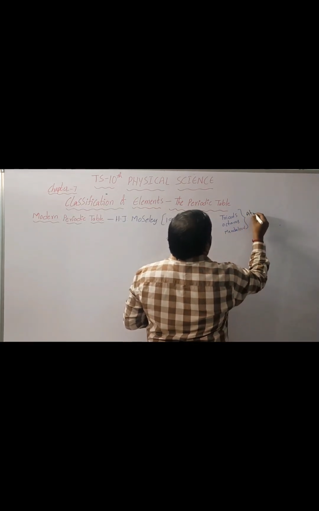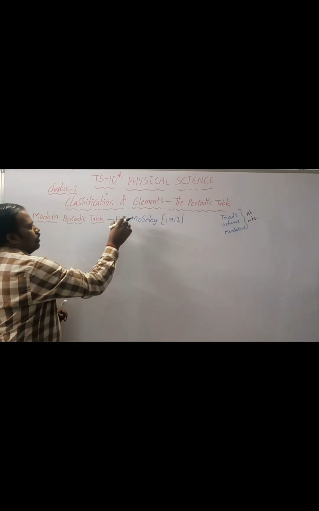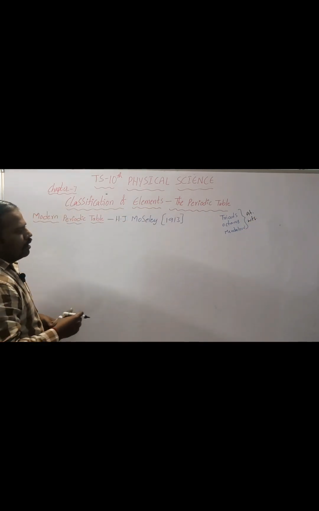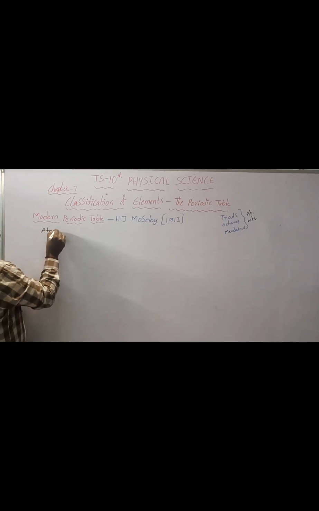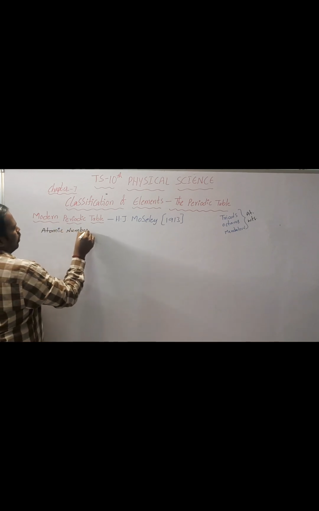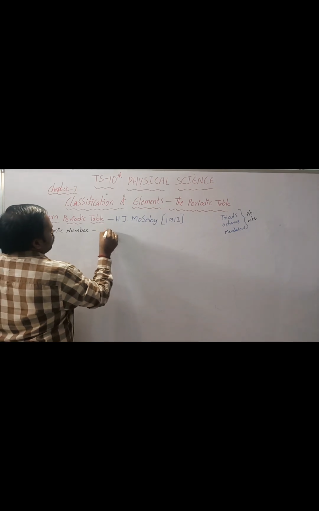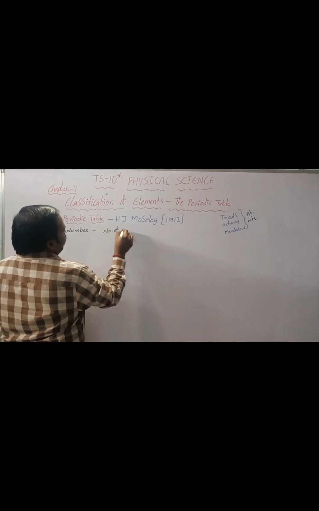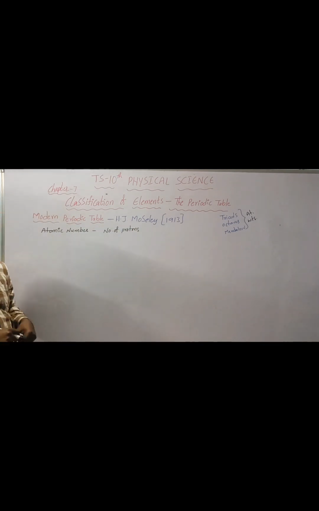But at the time when Moseley was classifying this table, the atomic number was discovered. Atomic number is the total number of protons in the nucleus. The number of protons is considered the atomic number.